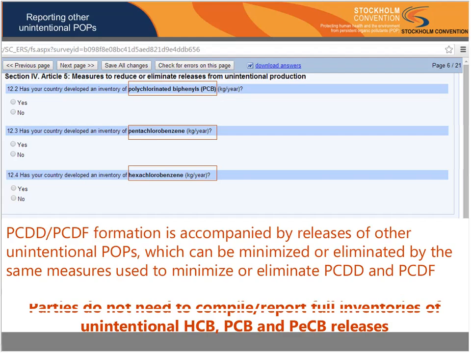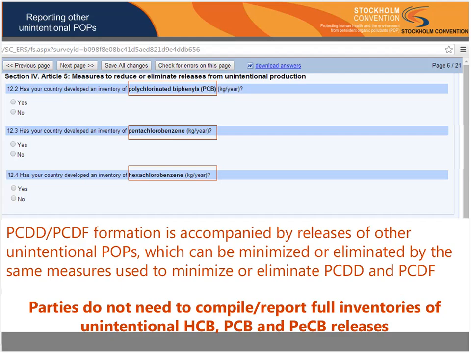Therefore, parties do not need to compile and report full inventories of other POPs, such as, for example, HCB, PCB, and PECB. It is recommended for practical reasons that the inventory activities are focusing on dioxins and furans, as these substances are indicative of the presence of other unintentional POPs.